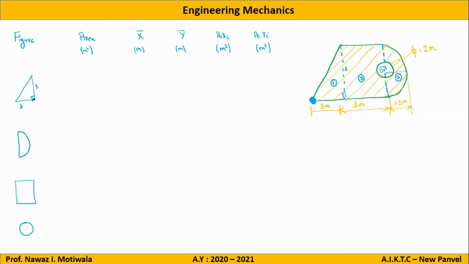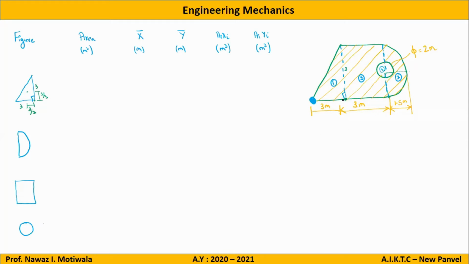Now again, we know that from the sides making the right angle, the centroid lies somewhere here, at a distance of h by 3 and base by 3, 3 by 3 again. But from which point? From this point. Now I will locate this point in my figure.